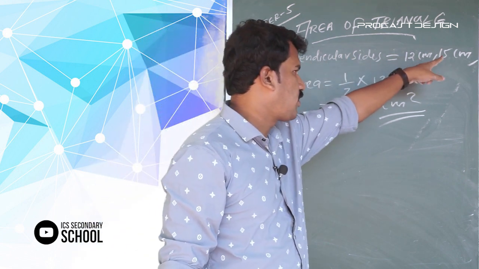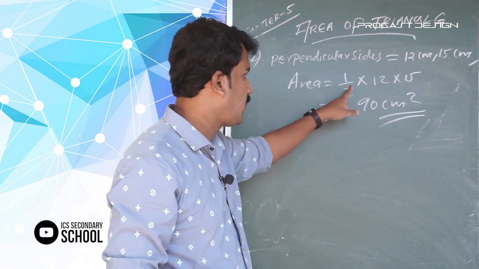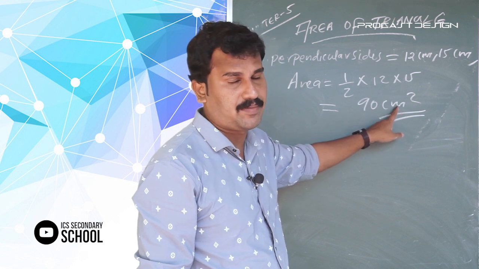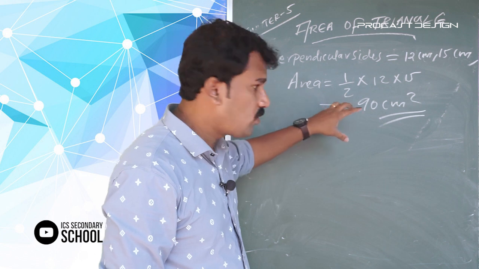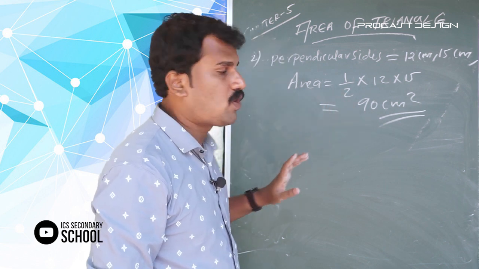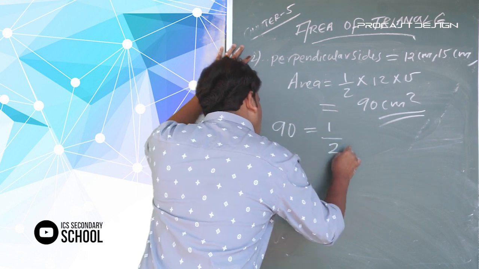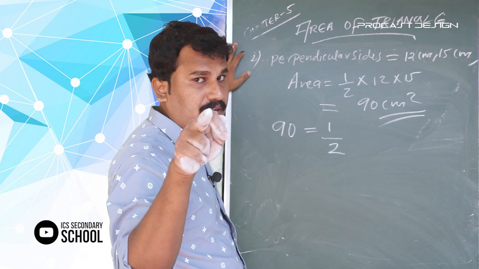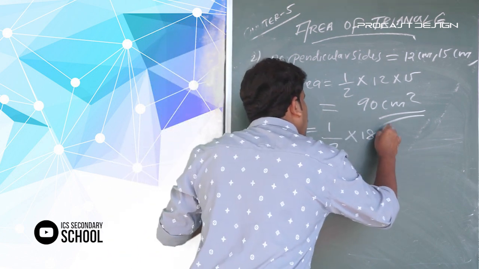The perpendicular sides are 12 centimeter and 15 centimeter, so the area of that right angle triangle is half into 12 into 15, that is 90 centimeter square. Based on this area, one of the perpendicular sides of another right angle triangle is given, that is 18 centimeter, so the area is half into 18 into the other side.